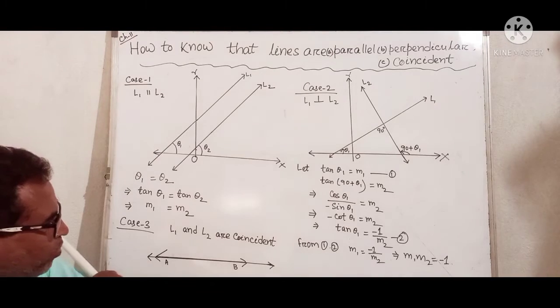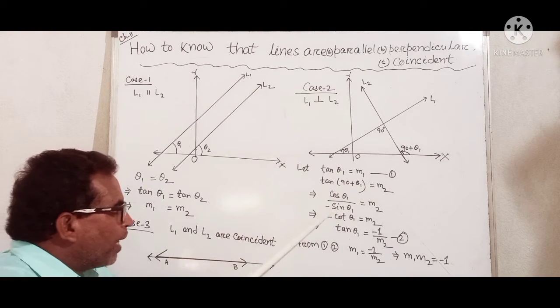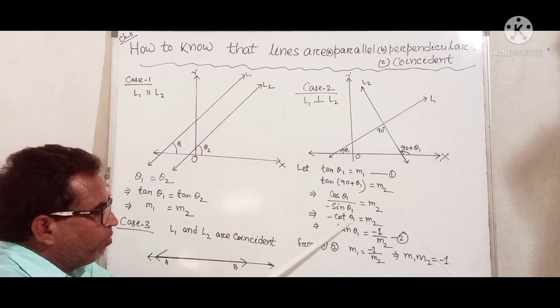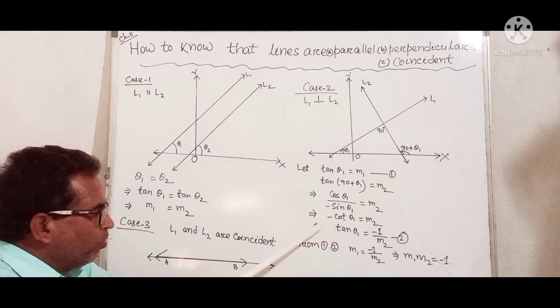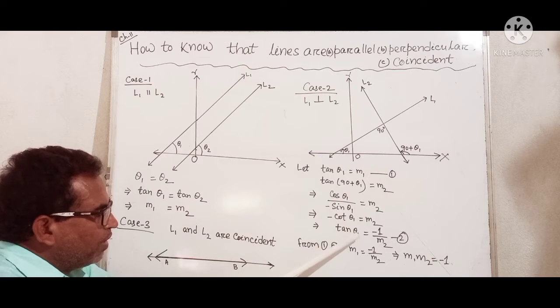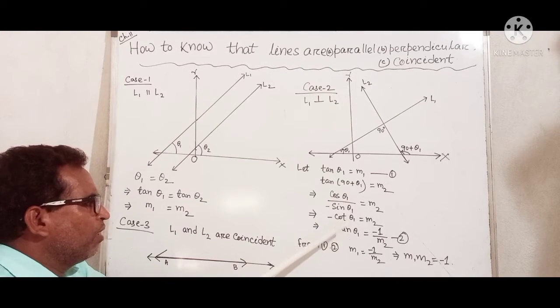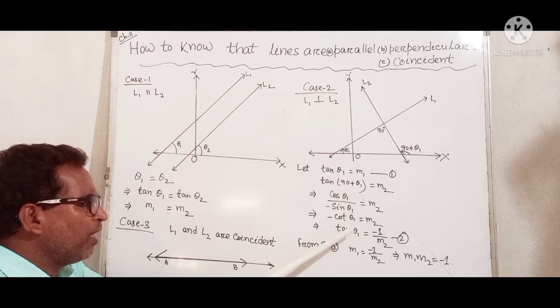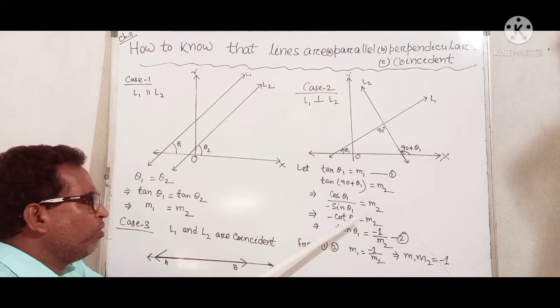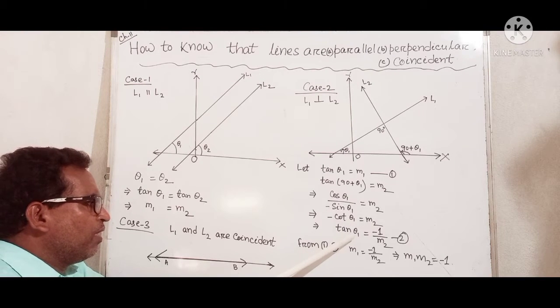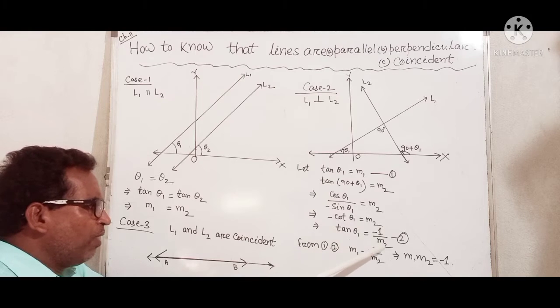Which implies minus cot theta 1 is equal to m2. Minus cot theta 1 means minus 1 by tan theta 1 is equal to m2, so tan theta 1 is equal to minus 1 by m2.